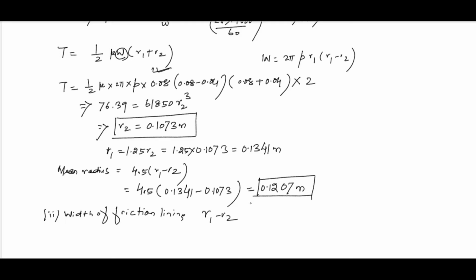Okay, or you can say it is equal to mean radius divided by 4.5, whichever you can use. So this will be equal to 0.0268 meter. Okay, so you can find out in this way.